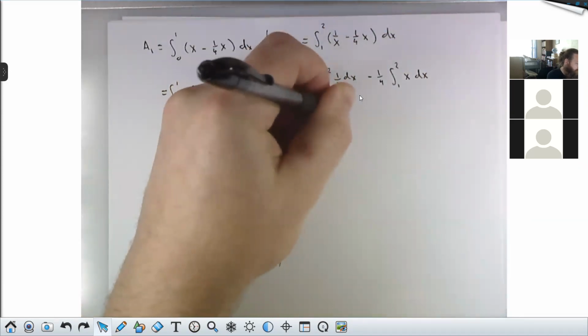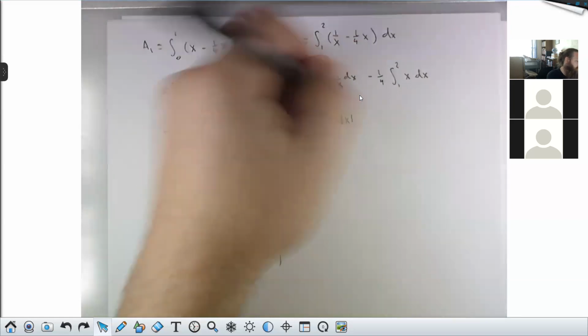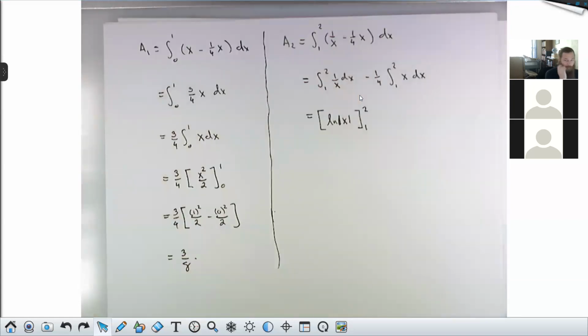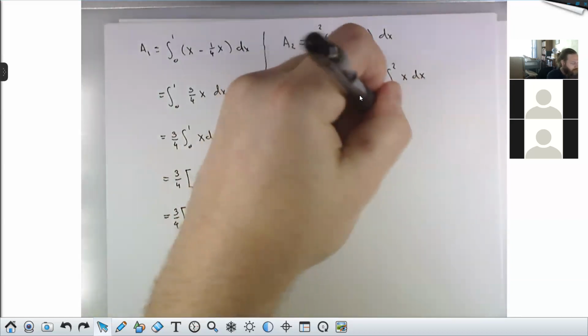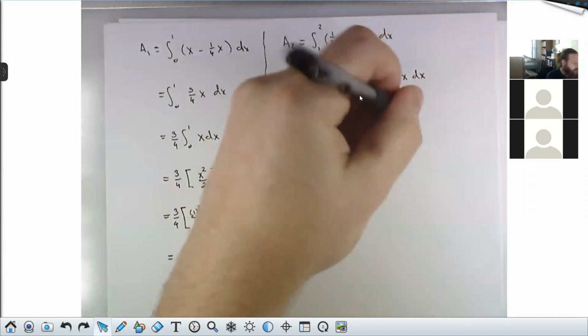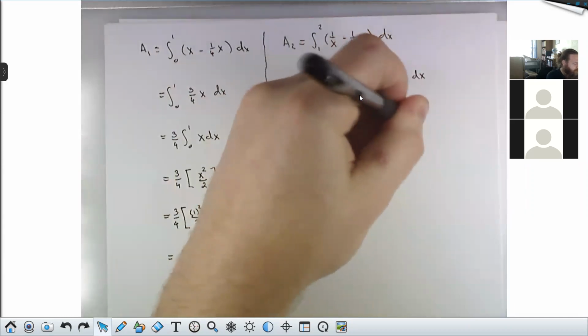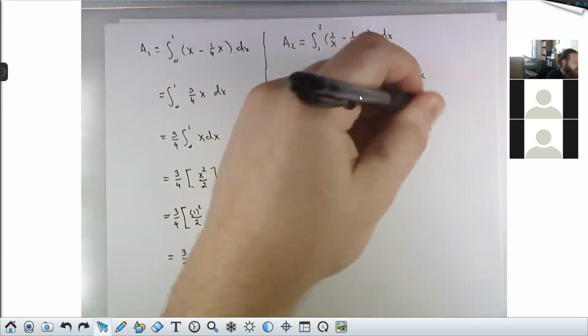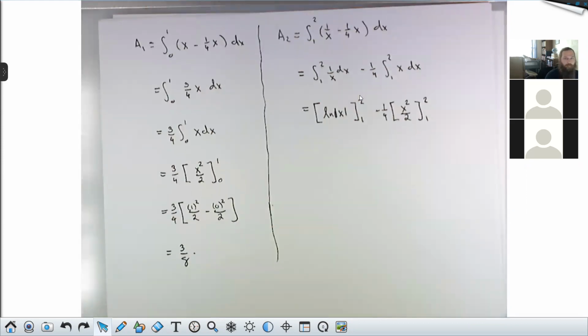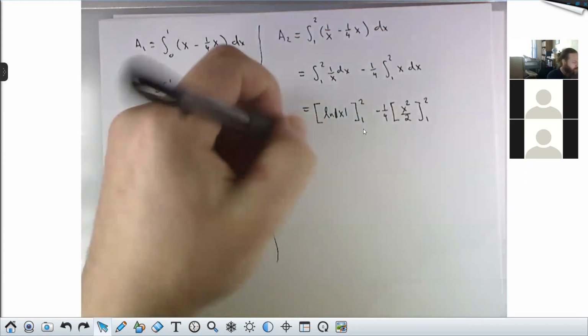This will be ln absolute value of x evaluated from 1 to 2. And then I'll have minus 1/4. This piece is the same as the other one. It's x squared over 2 evaluated from 1 to 2. So from the first guy, I'll have the natural log of 2 minus the natural log of 1.